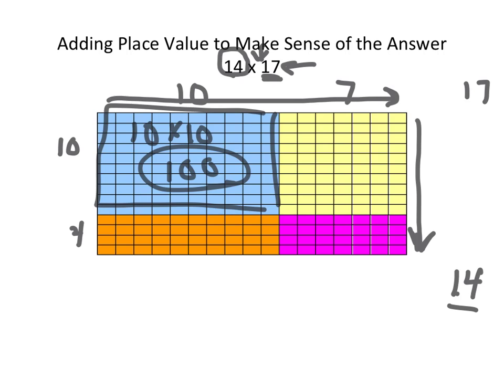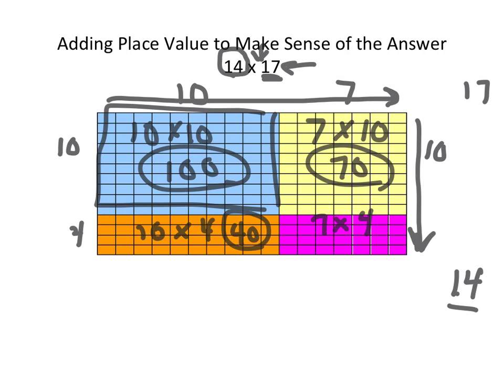Here we have 7 across, but we still have 10 down. So in this square, we have 70. Here we still have 10 across, but we have 4 down. So in this square we have 40. And here we have 7 across, and we have 4 down, so we have 28.